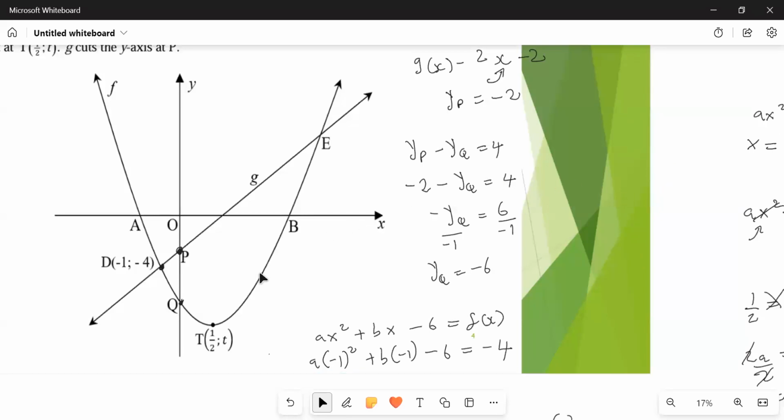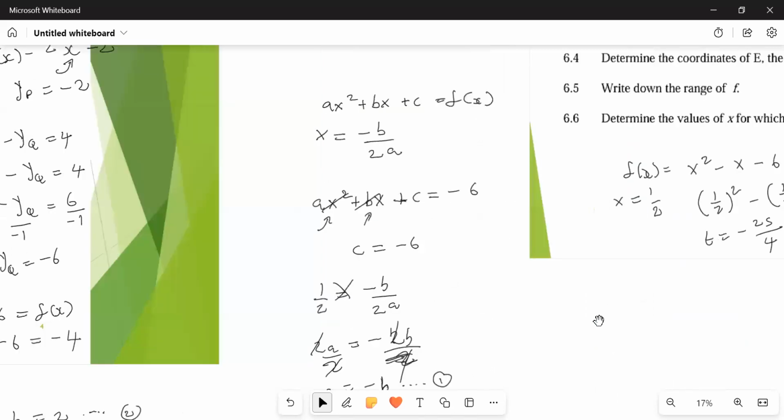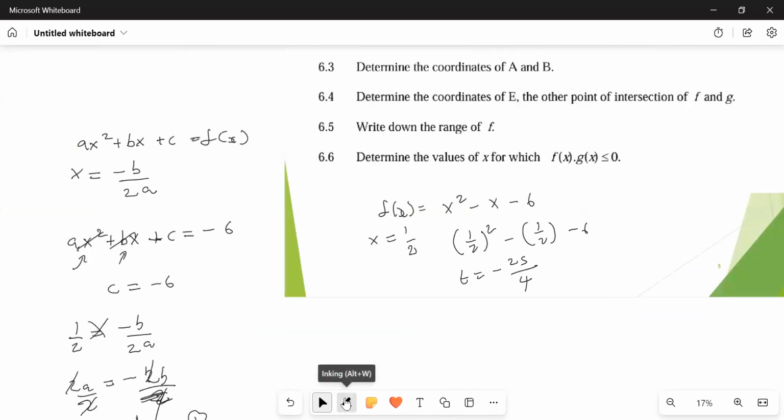They're saying determine the coordinates of A and B. A and B are the x-intercepts. So you know that for x-intercepts, you're just going to let y be 0. Then you say f of x is equal to 0.